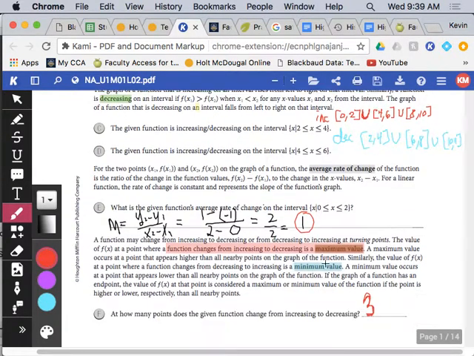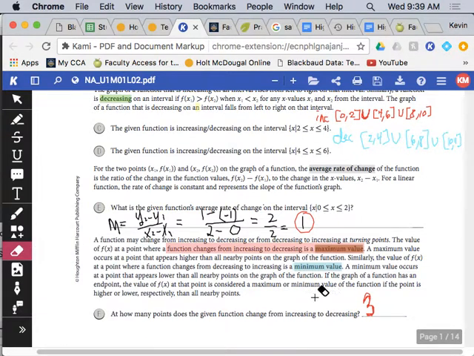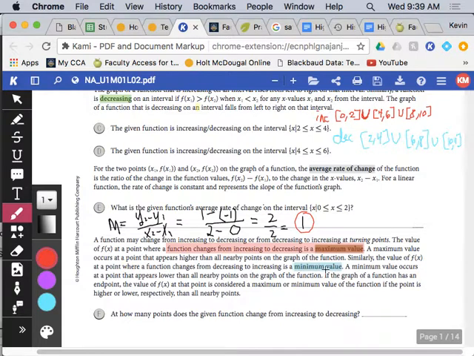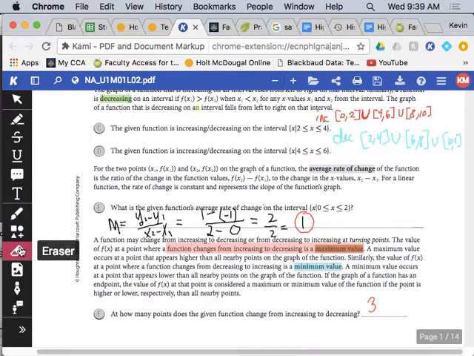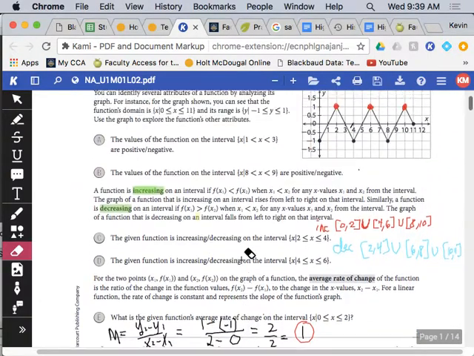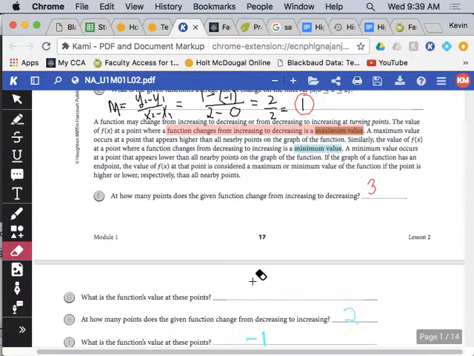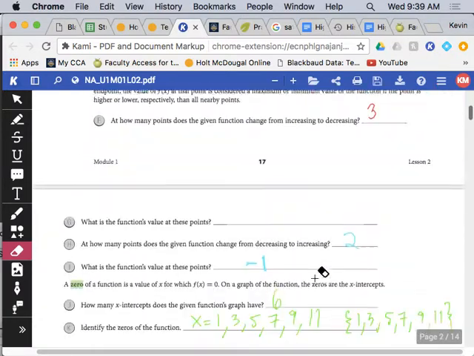Now it says, how many points does the function change from increasing to decreasing? 3. I just erased the 3 to write it again. And then the next page, it says, what's the value of the function at those points?